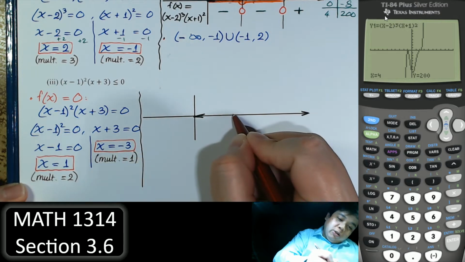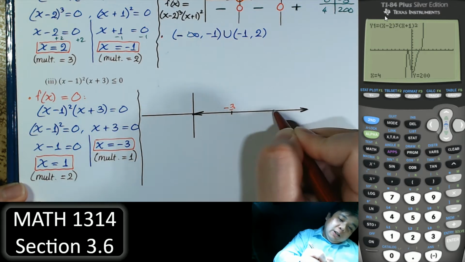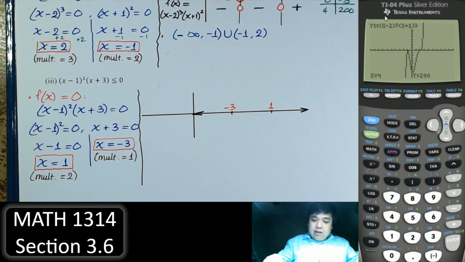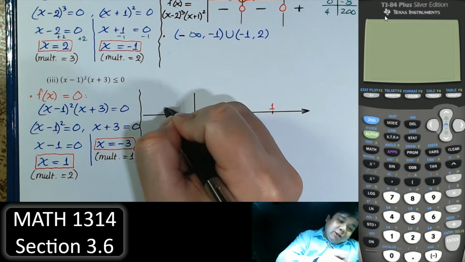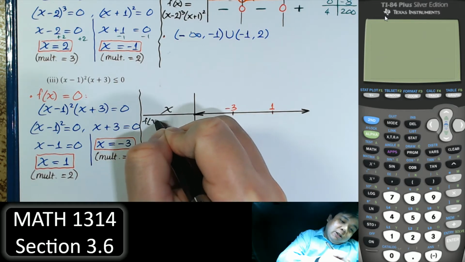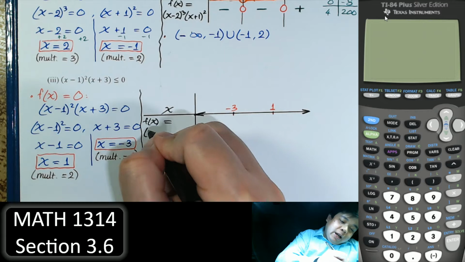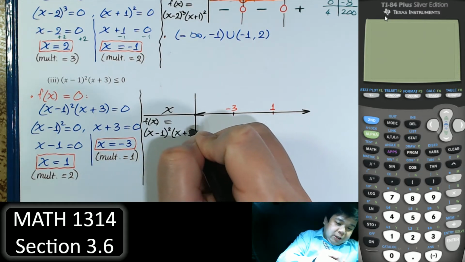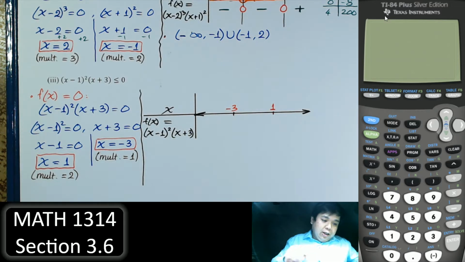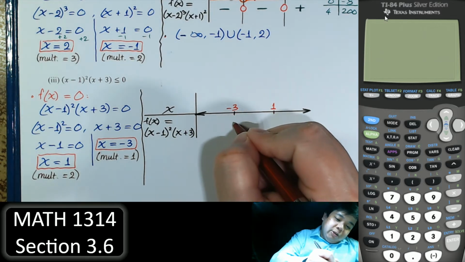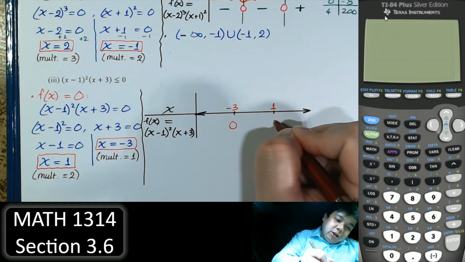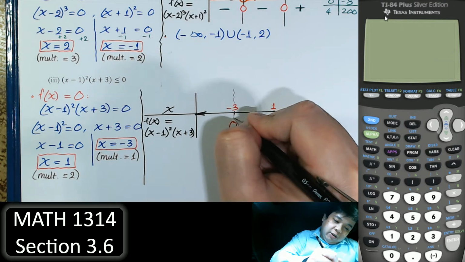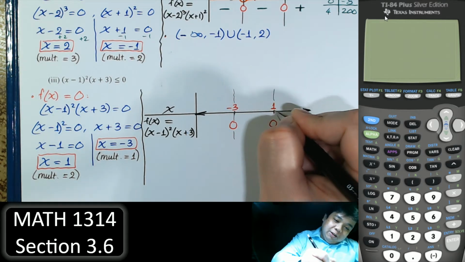So -3 is on the left, 1 on the right. The function equals x minus 1 squared times x plus 3. When x equal to -3, the function equal to 0. When x equal to 1, the function also equal to 0. So that defines the number line, right?